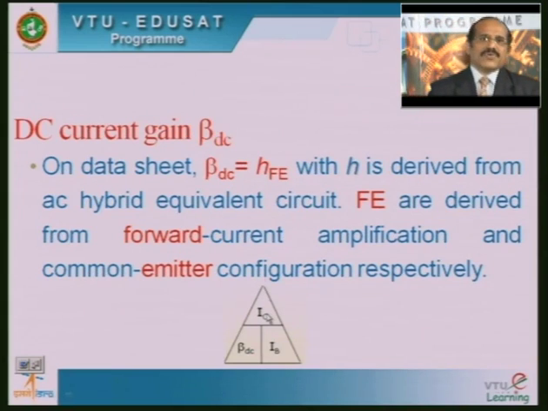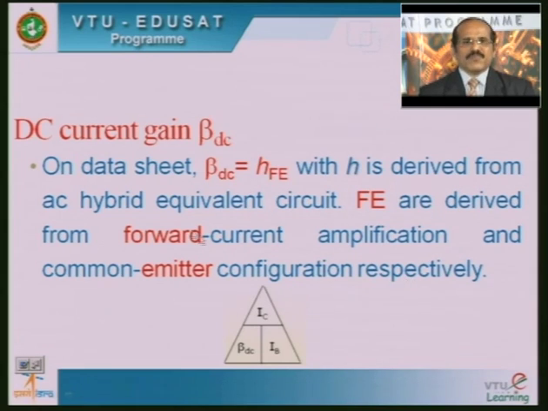If you go through the data sheet or manufacturer specification of the transistor, the beta DC is mentioned as hFE, where F is capital and E is capital. H is derived from the AC hybrid equivalent circuit, F stands for forward, that is forward current amplification, and E stands for common emitter configuration.